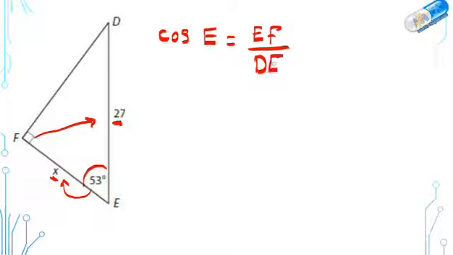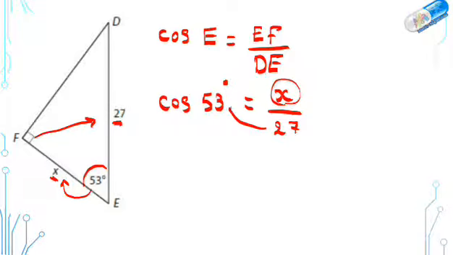So cosine E, E is 53 degrees, and EF, that is the unknown x, over the hypotenuse 27. So what is x? I will multiply 27 to the other side, and x remains on this side, so x is approximately equal, on the calculator, to 16.2.